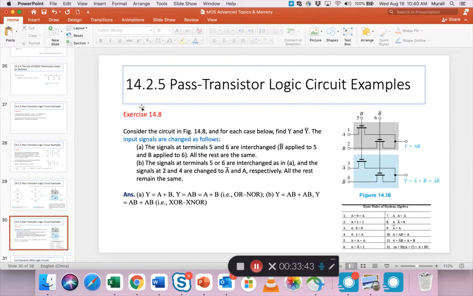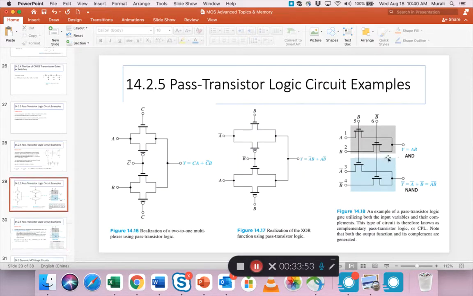We've got an interesting problem here, exercise 14.8. Remember, this was one of the types of logic circuits that we showed you: a realization of a 2-to-1 multiplexer using pass transistor logic, a realization of the XOR function, and something called complementary pass transistor logic, or CPL, where you use these gates to come up not only with an AND but also a NAND.